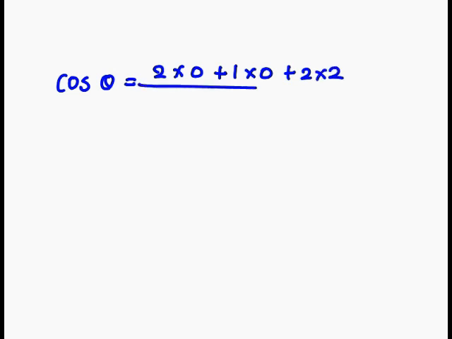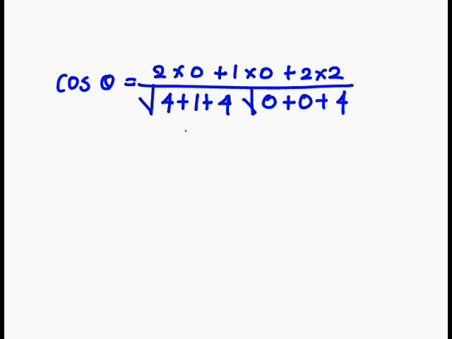cos theta is equal to (2 into 0 plus 1 into 0 plus 2 into 2) divided by square root of (2 square is 4 plus 1 square is 1 plus 2 square is 4) into (0 square is 0 plus 0 square is 0 plus 2 square is 4). So finally we get 4 divided by square root of 9 times square root of 4.